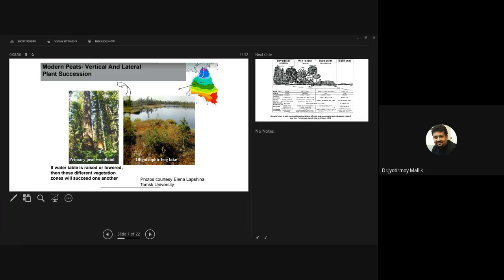Geographically, if you look at this, this is a delta, of course, and in this delta we are looking at somewhere here. So in here you can see the presence of a bog lake.